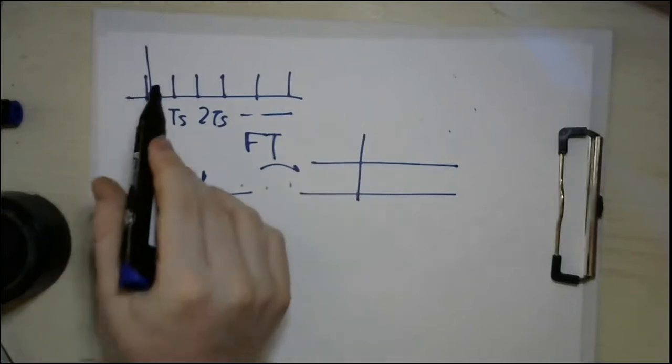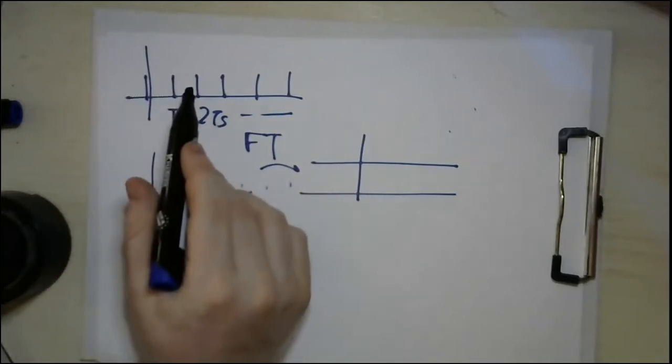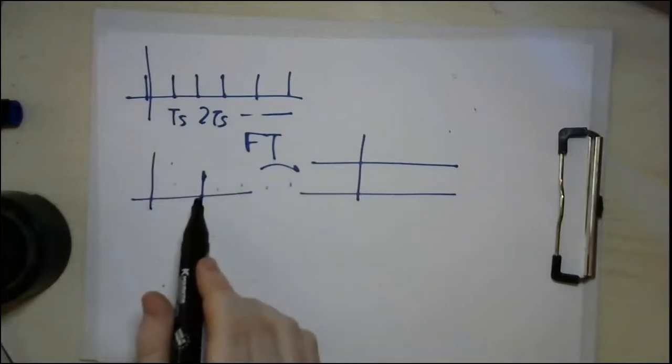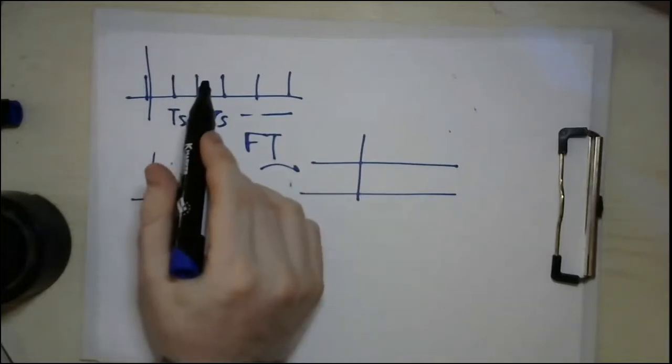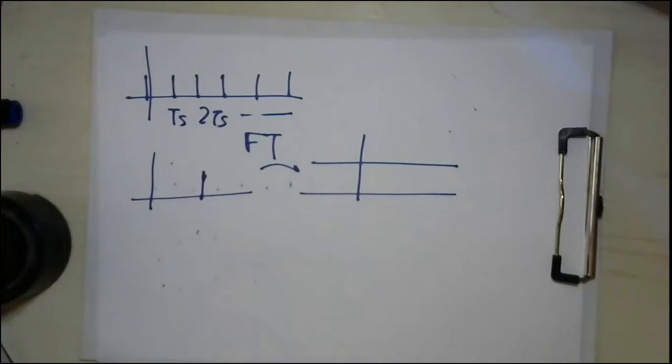Okay, what happened here? What is the difference between this and this? Remember my note, especially those students who are attending the extra sessions. Remember my note related to periodicity and discreteness.